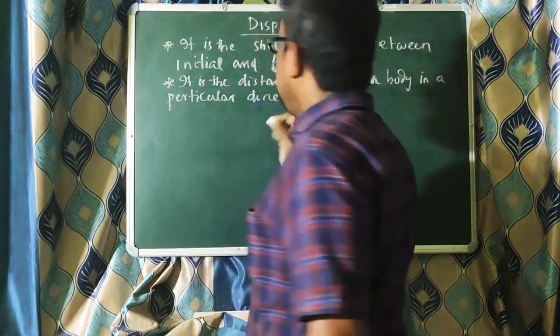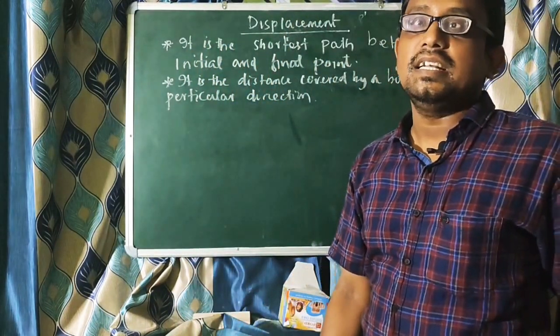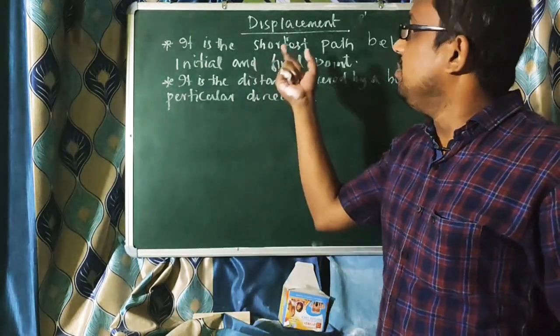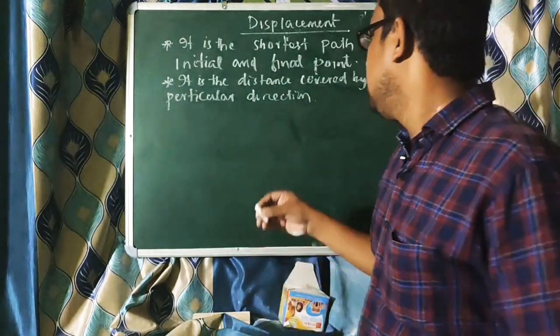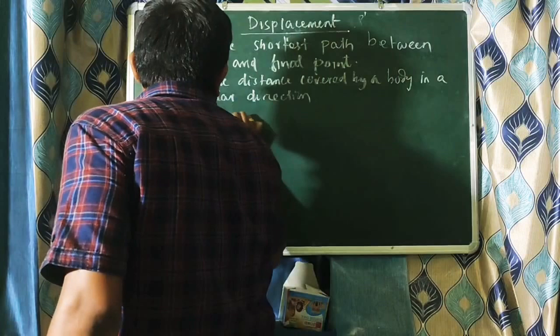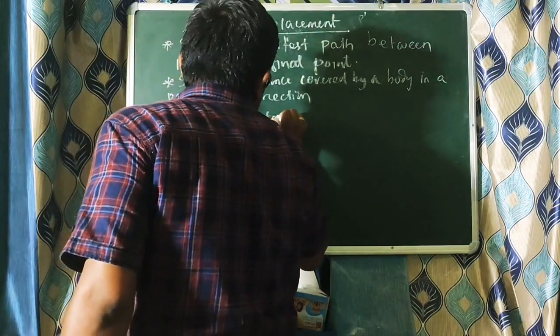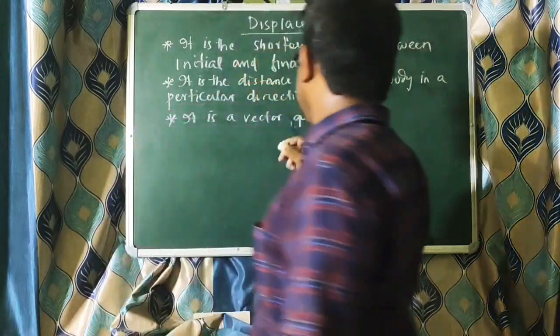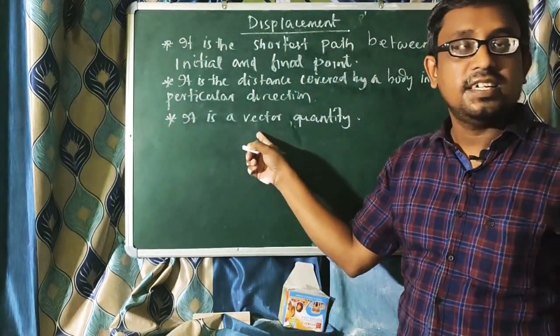That means if a body moves in a straight line, that means in a particular direction, the distance covered by the body will be equal to the displacement. And it is a vector quantity. Why? Because it is associated with a certain direction. That's why it is a vector quantity.